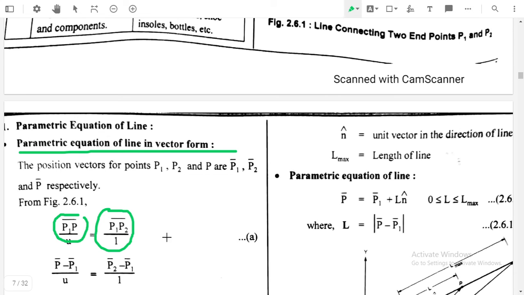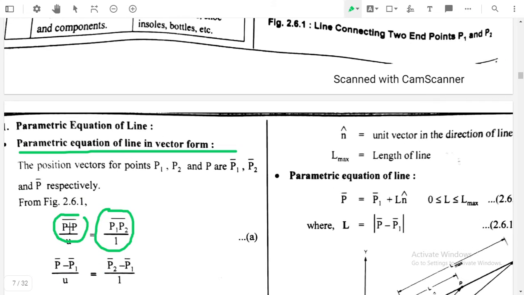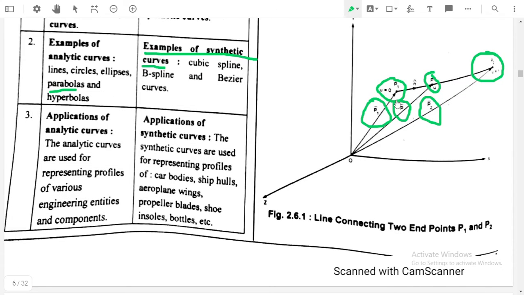Why have we taken 1 here? Because the value of u from P1 to P2 is 1. In the equation P1P bar upon u is equal to P1P2 bar upon 1, we divide by u because the distance between P1 and P is u and the distance between P1 and P2 is equal to 1.